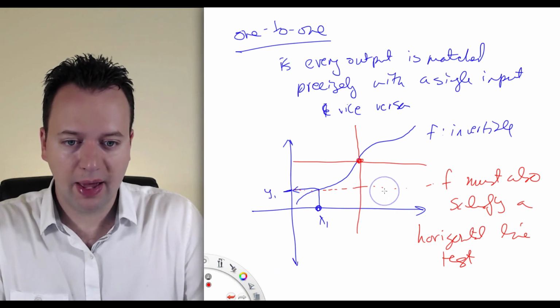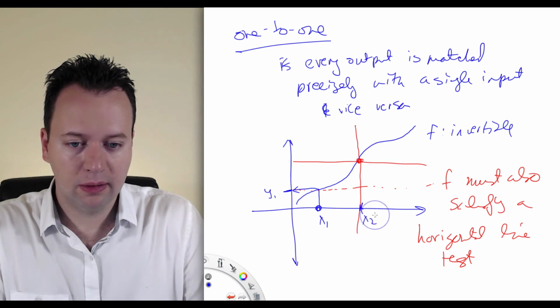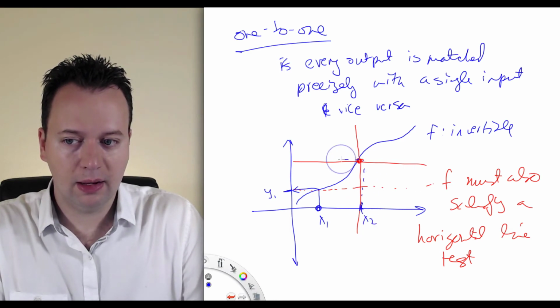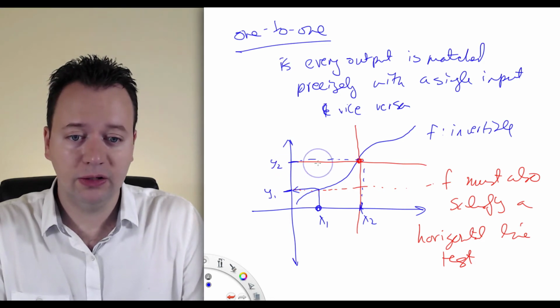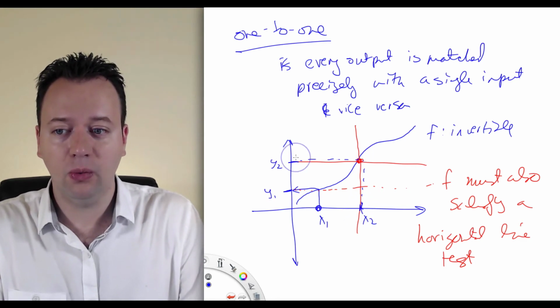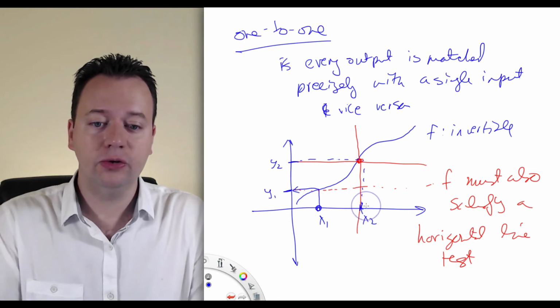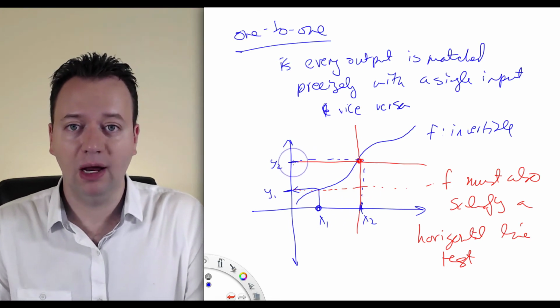So here we have a value x2, and it returns a y value, y2, and that's the only time y2 is used. So x2 and y2 correspond to each other. The function is one-to-one. This x2 has a y2, and that y2 has just this x2. You don't have two separate x values leading to the same y value.